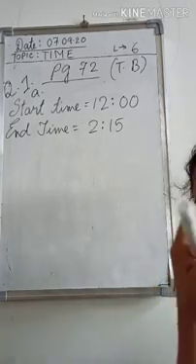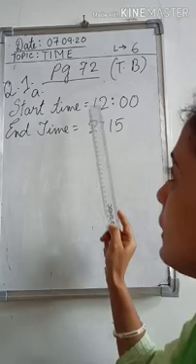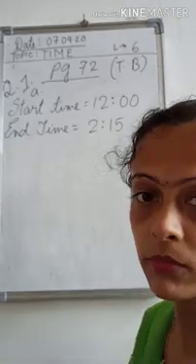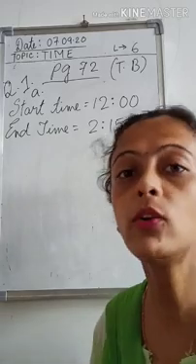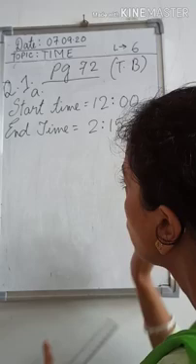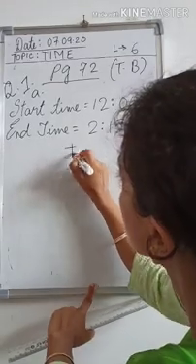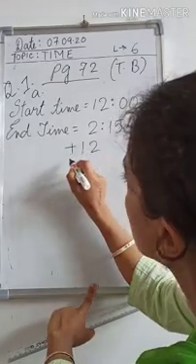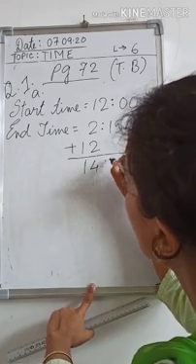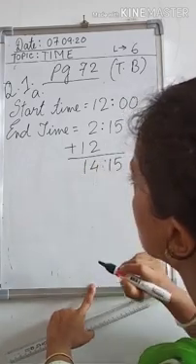So I told you, if the ending time is smaller than the starting time, we have to add a 12 to the ending time, to convert it to a 24-hour time, which we discussed the last day. So I am adding a 12 to the hour part. So how much do I get? 14, and on the other side I get a 15.